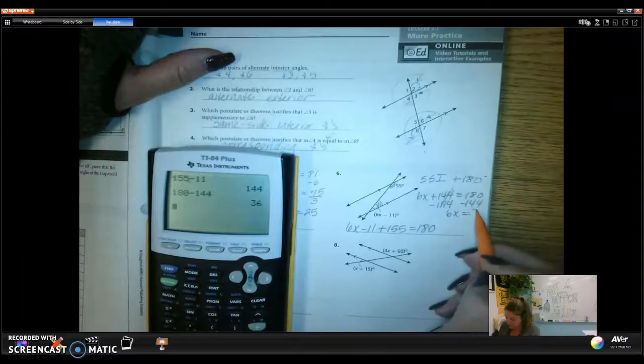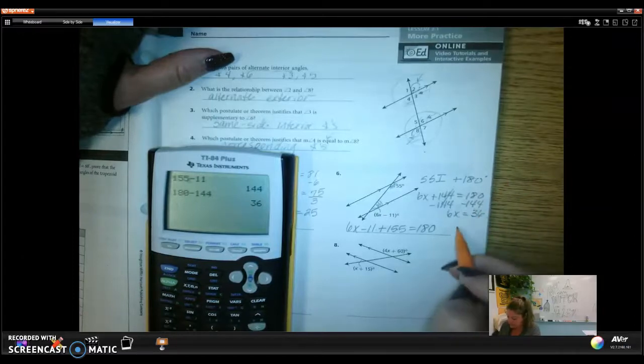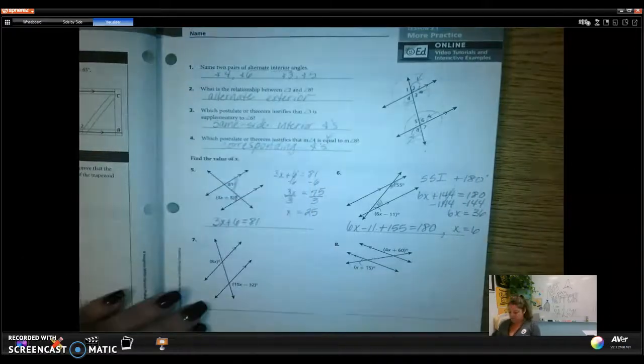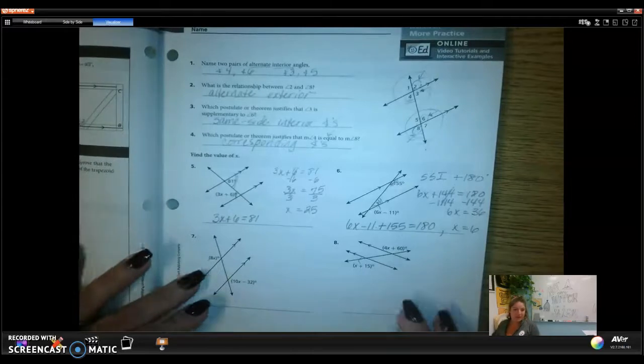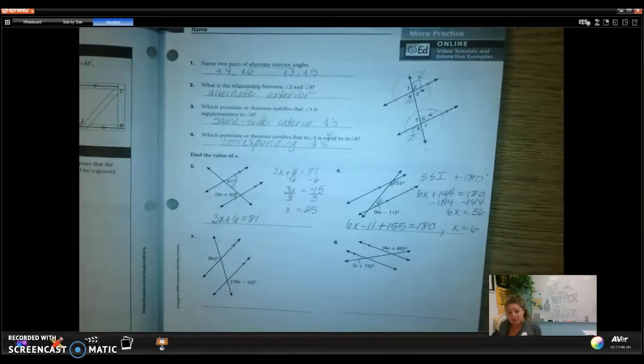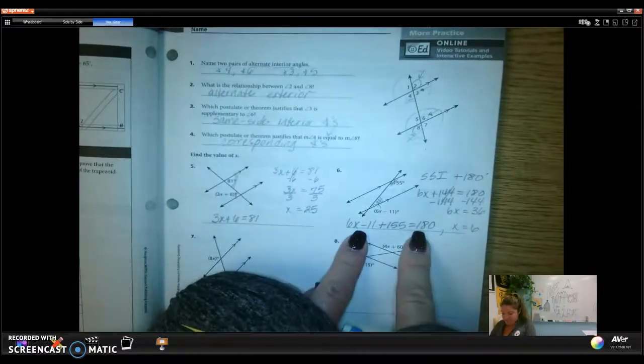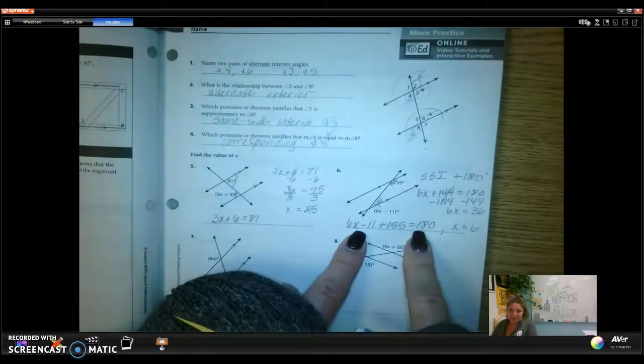And we get 36. And when we divide by 6, x equals 6. Okay? So that's what you're going to do with number 7 and number 8. You're going to decide what are they? Do I set them equal to each other, or do I add them up and set them equal to 180?